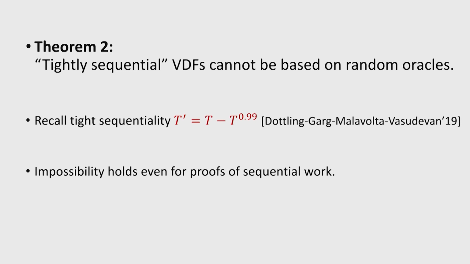I want to comment that this result you can extend even to cover proofs of sequential work, which might make you wonder if this is really about VDF or about sequentiality. I think it's fair to interpret it as being about sequentiality rather than really about VDF.